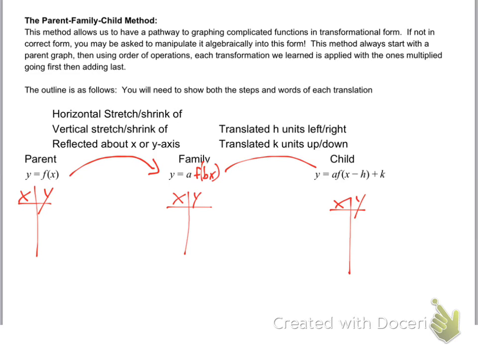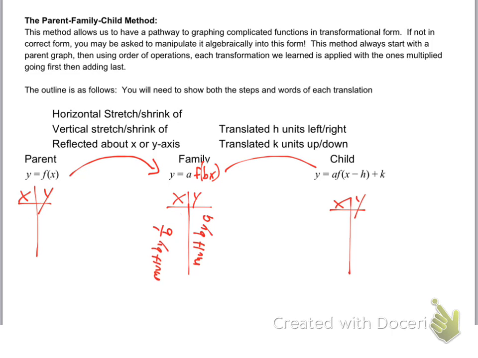Okay? Here's the thing. Multiply by A. This one is multiplied by 1 over B. Wait, why 1 over B?